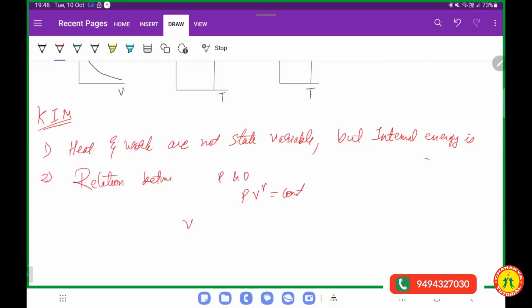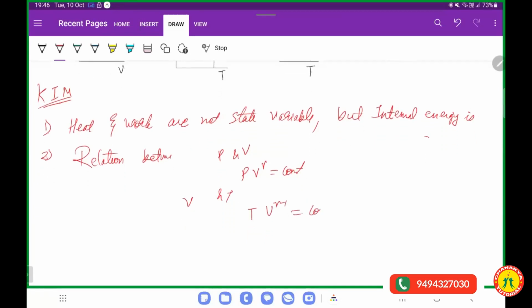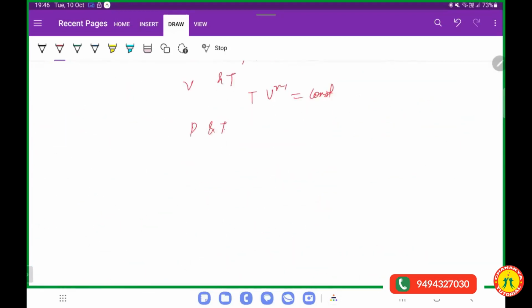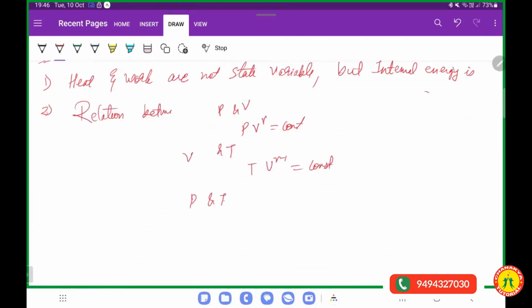Then V and T: TV to the power gamma minus 1 equals constant. P and T from these graphs: T to the power gamma P to the power 1 minus gamma equals constant.